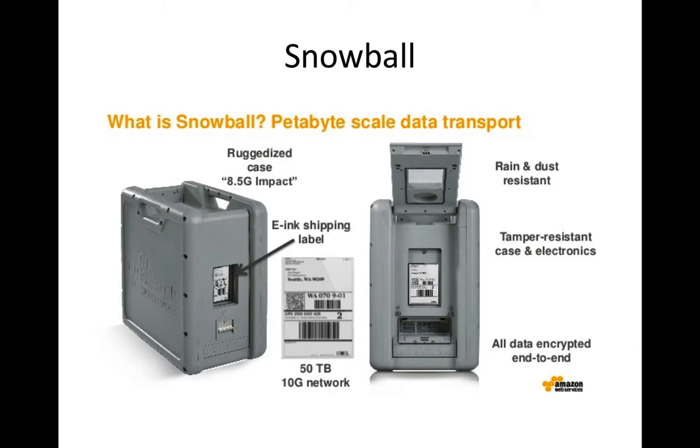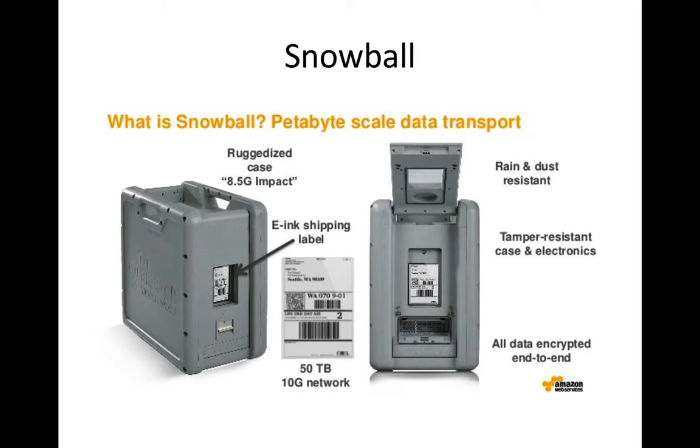What Snowball is, is this hardened case that includes a set of hard drives, and it has a network and a USB port, and it's shipped to you by Amazon, and it uses an e-ink electronic shipping label. You take this case, you plug it into your network, and now you can copy data from your storage systems into the Snowball container.